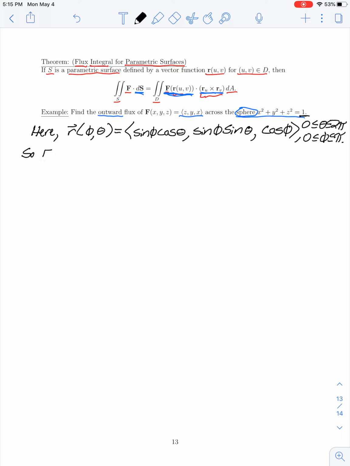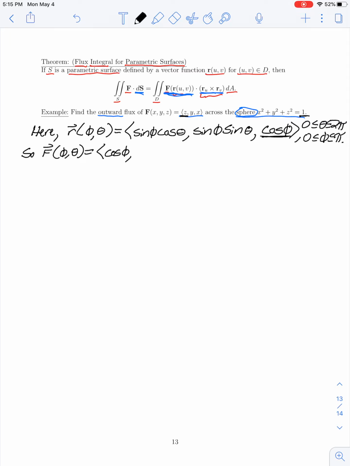If we're looking at the vector field F, defined in terms of our parameters phi and theta, well, the first component of our vector field was z. And here the z component of our parametric surface is given by cosine of phi.